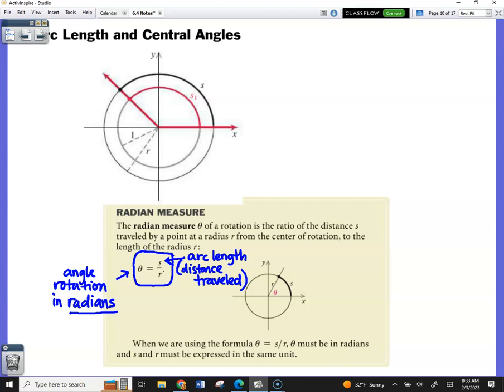And then the R is self-explanatory. It means radius. So the radian measure of a rotation is simply the ratio, the fraction, of the distance it travels divided by the length of the radius.